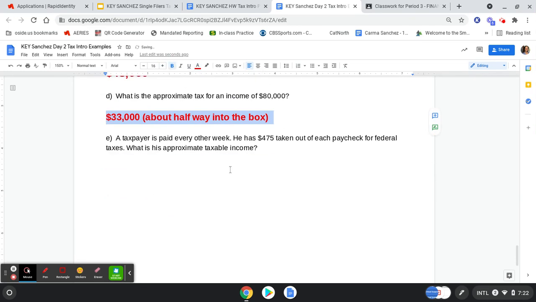All right, last. A taxpayer is paid every other week. He has $475 taken out of each paycheck. What is his approximate taxable income? And so $475 every other week. So we take the $475, and remember how there's 52 weeks in the year? So we need to multiply by half of that every other week. So times 26.